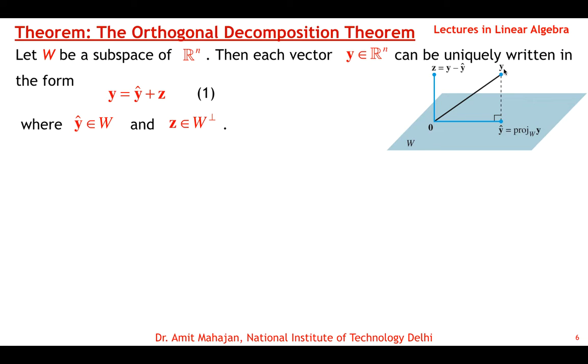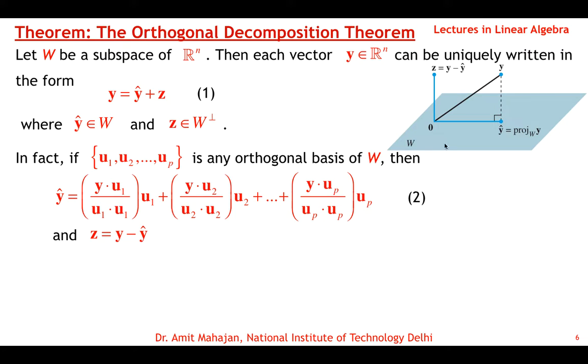Okay, so this theorem says that if you have a vector y, and we want to find its projection on a subspace W, then we can write that y is y cap plus z, where y cap is the projection of y on the subspace W, and z is the orthogonal vector to this y cap. Okay, so z belongs to W perpendicular because z vector will be perpendicular to every vector in this subspace.